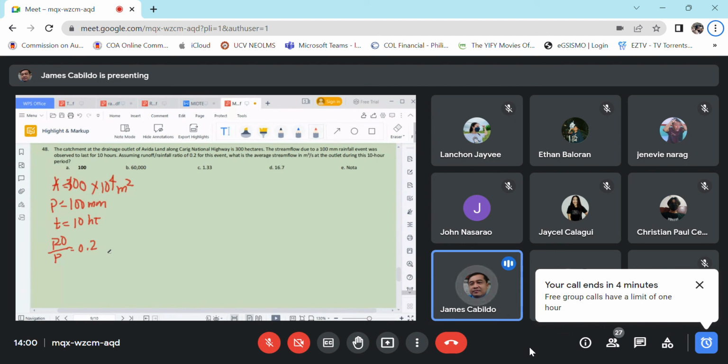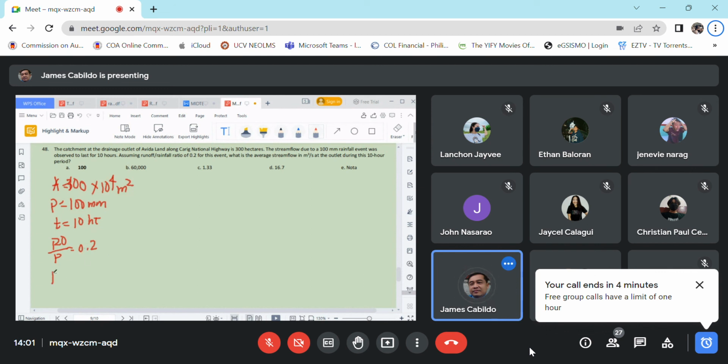So halimbawa, dun sa drainage sa baba sa kalsada, no, umulan sa Abida and CSU, lahat ng tubig pupunta doon ng runoff. Observation time is 10 hours. So ano ang gagawin natin?